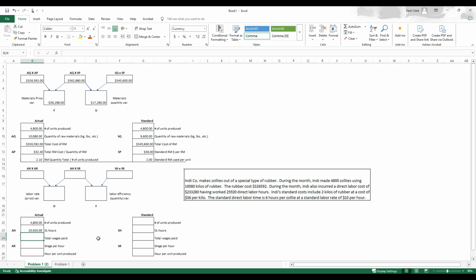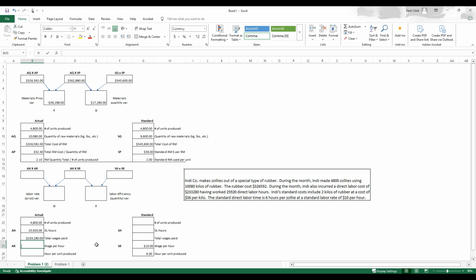Oh, here's our direct labor cost, 233,280. So that's total cost, total hours. And then it tells us from a standards perspective, we have a standard labor time of 6 hours per unit produced and $10 per hour of average wage.